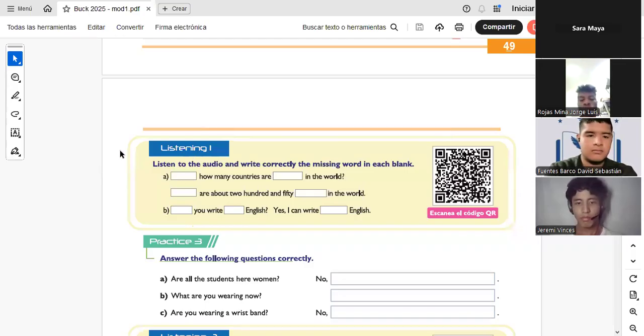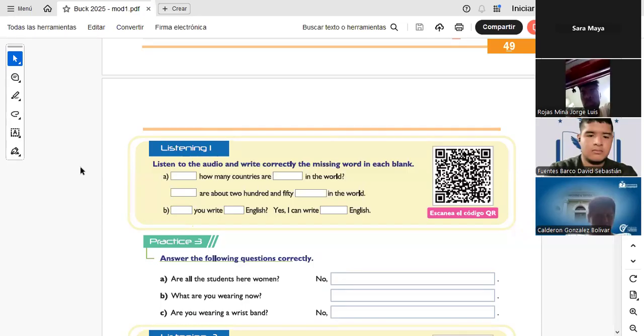Give me a moment. Bolivar, can you continue with the second blank? The first one says about how many countries? Can you continue? Ah, ya terminó la primera. No, me confundí, just the first blank. Okay. There are about. No, the first one.